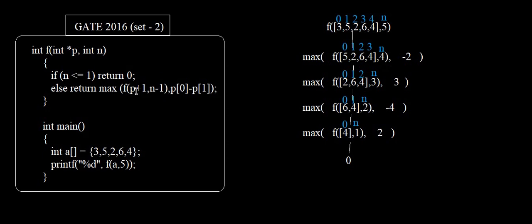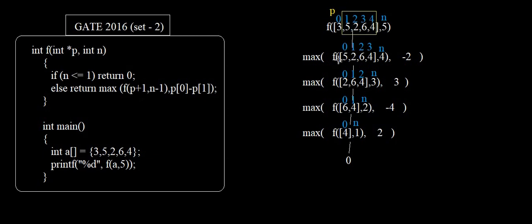p plus 1 here represents that the pointer value has been incremented by 1. Assume that the pointer here is placed at index 0, and f(p plus 1) means that p has to be incremented by 1. Initially p is 0, when incremented it will become 1. Means after the next call has been made, p should be equal to 1, so from this position to this position it will take the array.